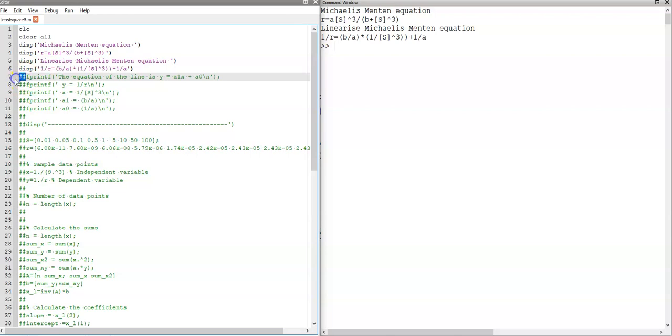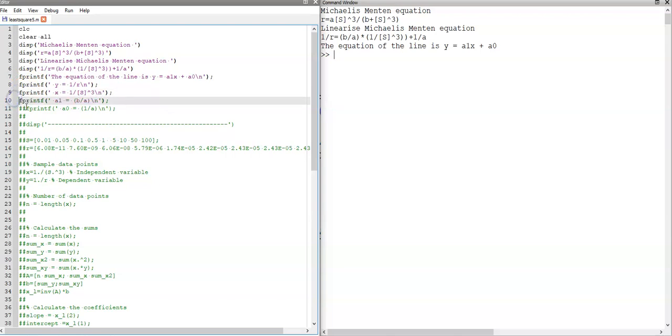That is the line equation we know, y equal to a1 x plus a0. So what is y, x, a1 and a0 we can easily get: y is 1 by r, x is 1 by s cube, a1 is b by a, and a0 is 1 by a.